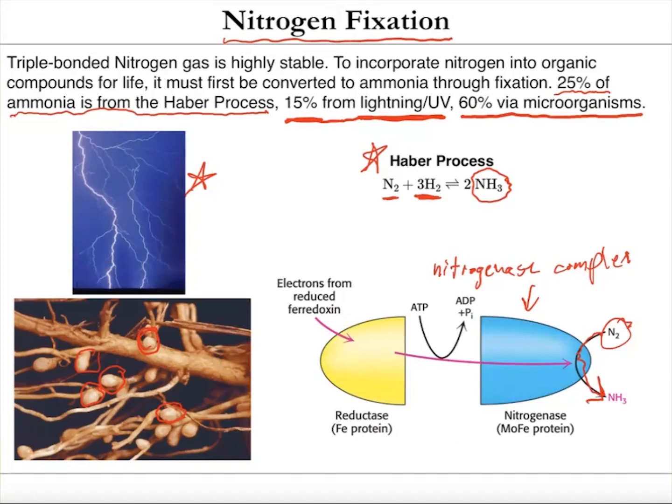And soybeans and other legumes have lots of these rhizobial microorganisms associated with their roots that are able to take nitrogen and convert it into ammonia that can then be incorporated into the biomolecules in the plants. So nitrogen fixation is a really important process necessary to make ammonia, that allows that nitrogen to be incorporated into living organisms.